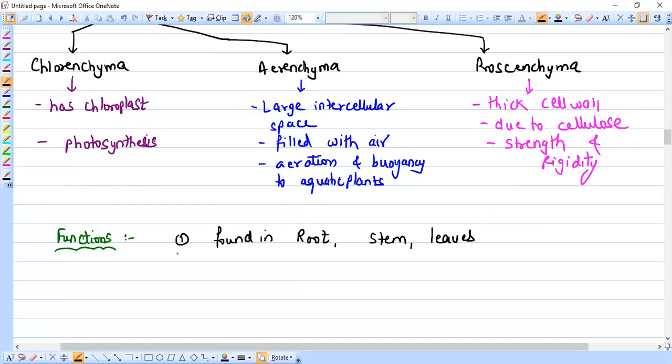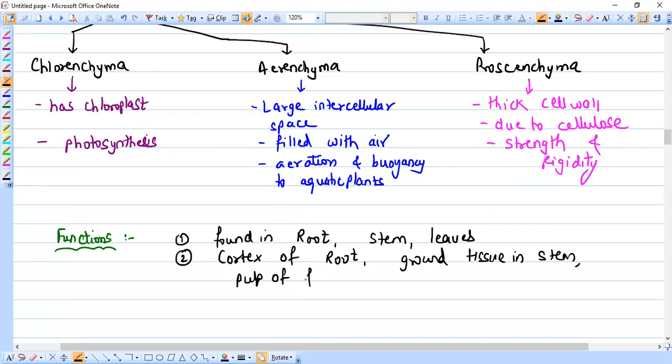Second, it is responsible for forming the cortex of root, ground tissue in stem, and then it is responsible for the formation of pulp of fruit. Like mango, you eat the yellow part, so the yellow part that you eat, the pulp of the fruit, is nothing but the parenchyma.